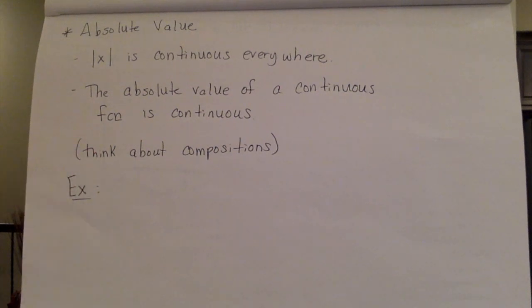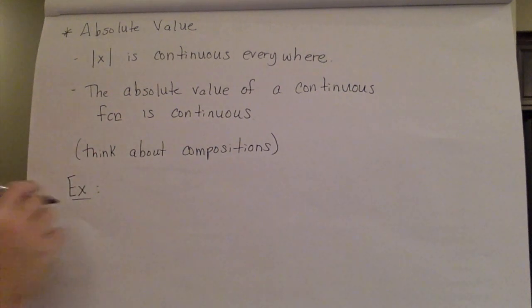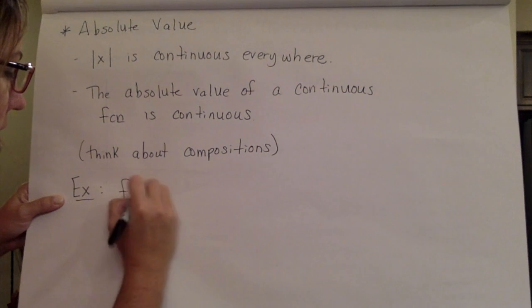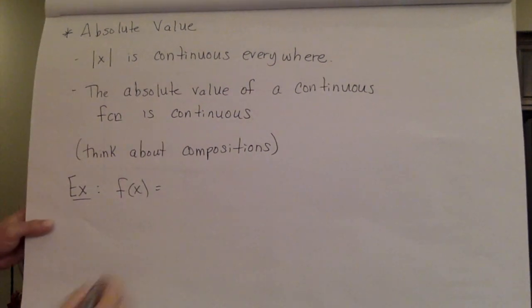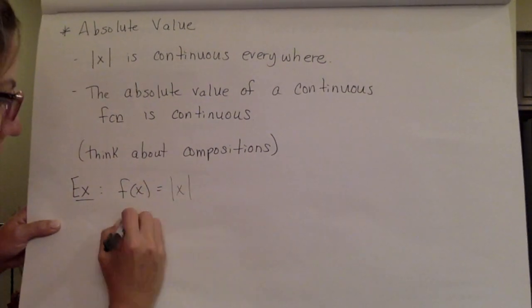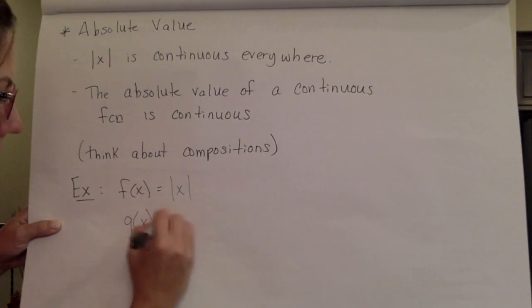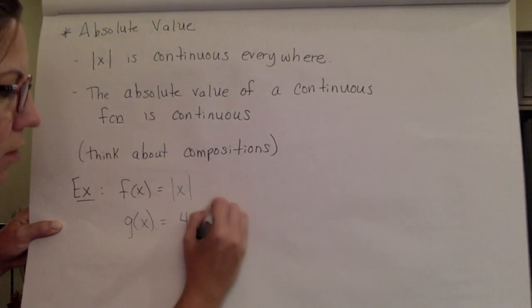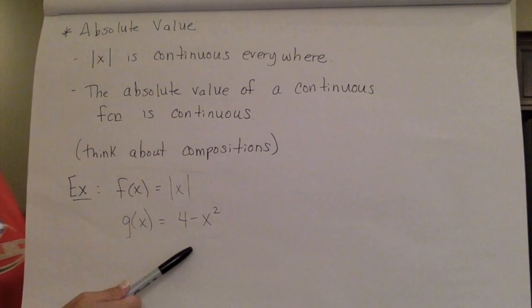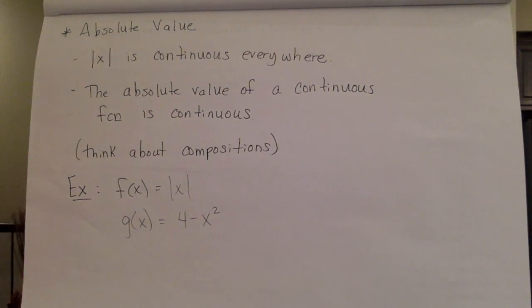Think about this as sort of like doing a composition. If f of x is equal to the absolute value of x, and g of x is equal to, let's say, 4 minus x squared, this is a polynomial. We already discussed that polynomial functions are continuous everywhere.